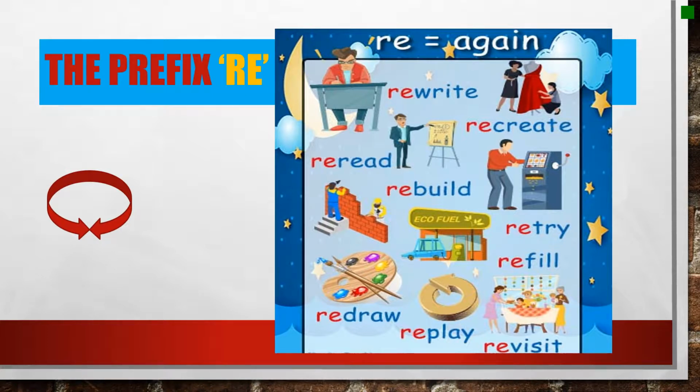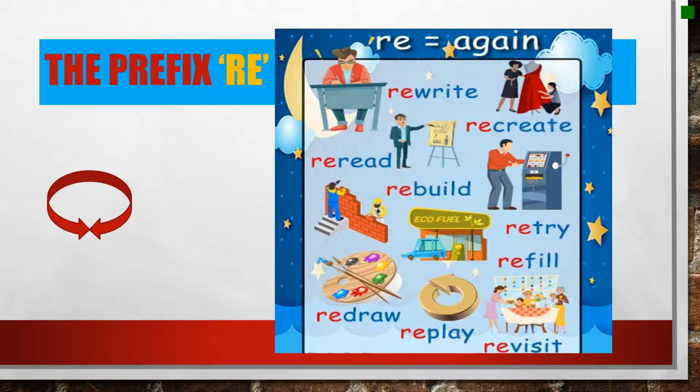Before we talk about recount, I want to talk about the prefix re. Prefixes are the little letters that come before the main word. So the prefix is re, and what does that mean? We can look at the examples here.